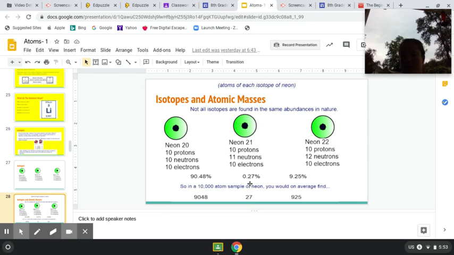Same thing, you would multiply 0.27, moving the decimal over 2 places, so it would actually be 0.0027 times 10,000. And for the 9.25%, we would move it over 2 places, so we'd have 0.0925 times 10,000. And these are the numbers.